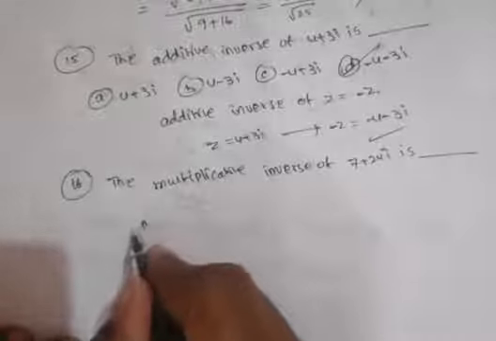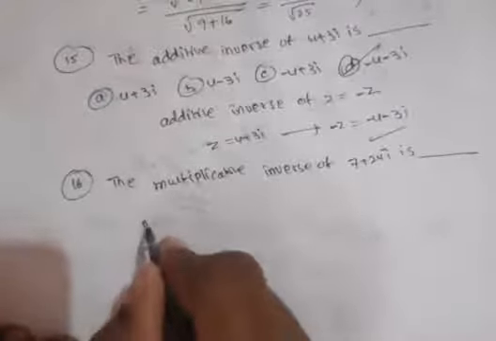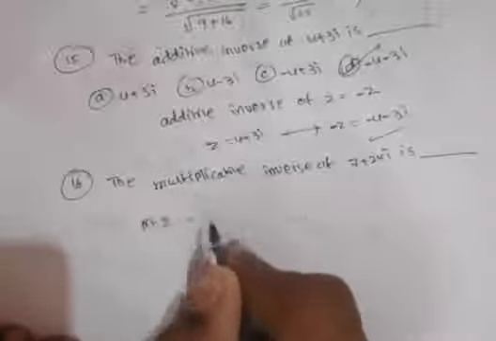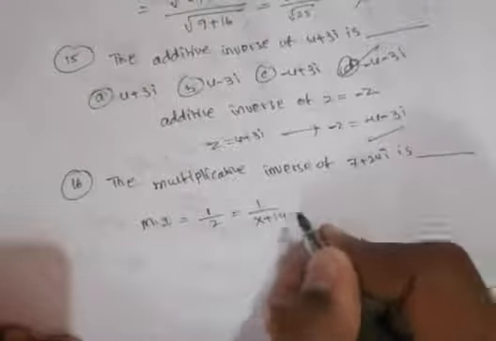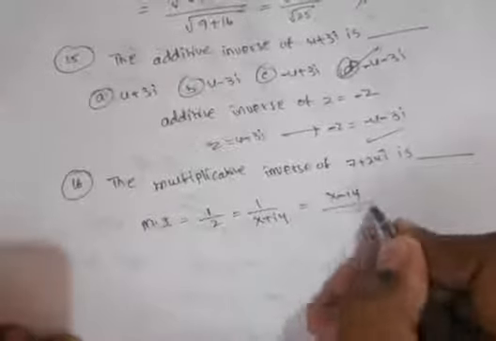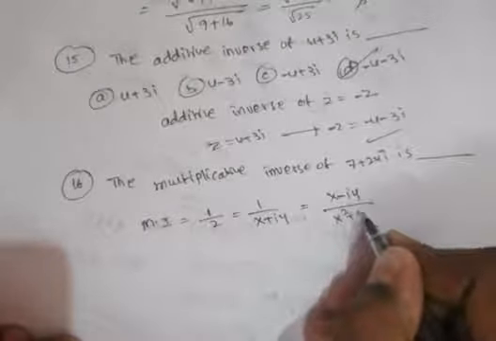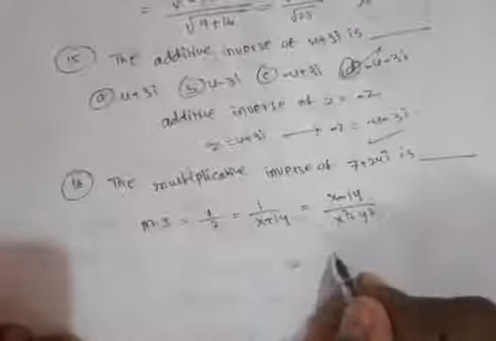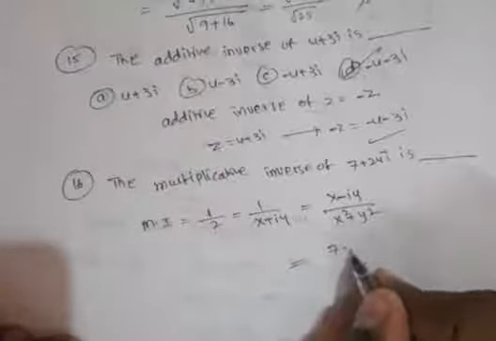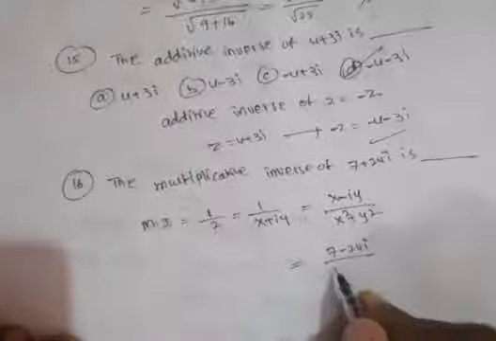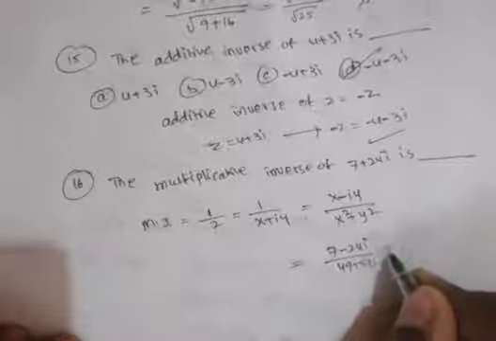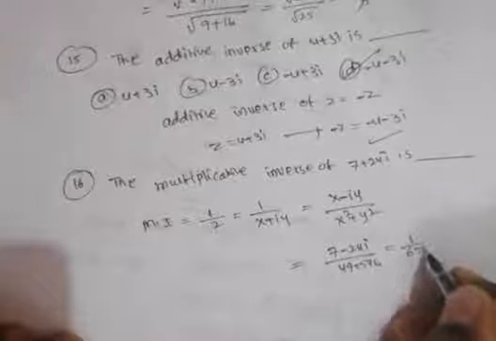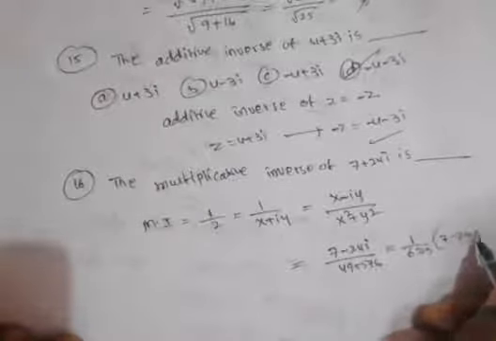So simply, the multiplicative inverse is equal to 1 by z, 1 by x plus iy, after rationalizing x minus iy by x square plus y square, that is nothing but 7 minus 24i by 7 square into 49 plus 576, that is 1 by 625 into (7 minus 24i). This is your corresponding answer.